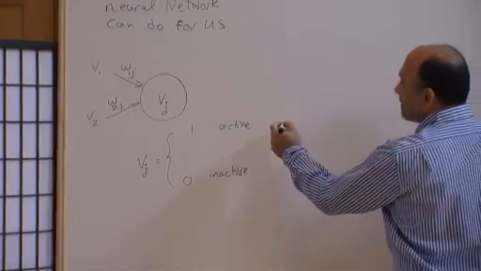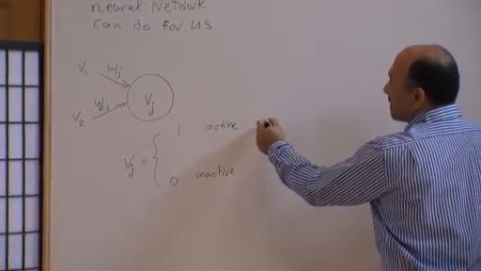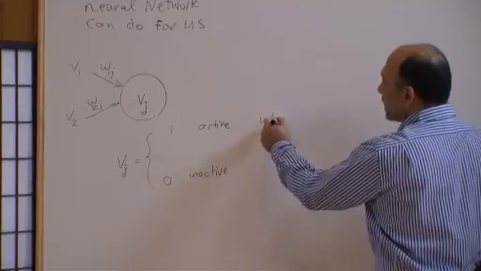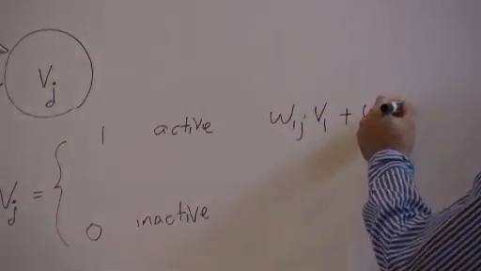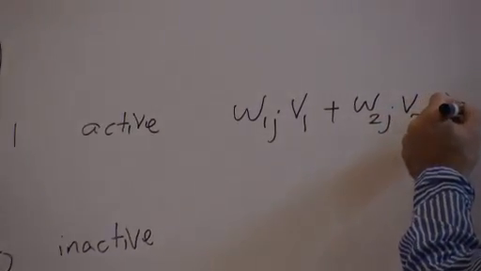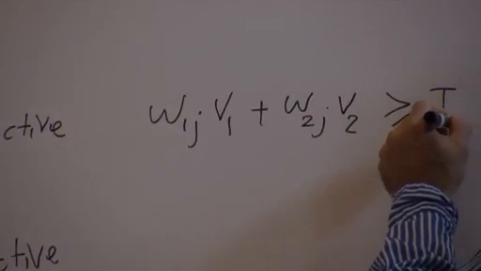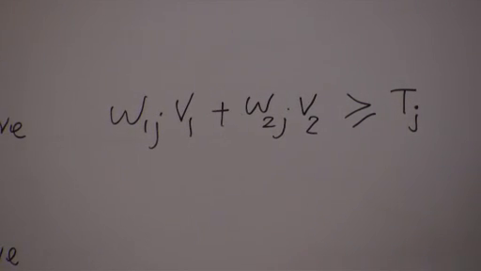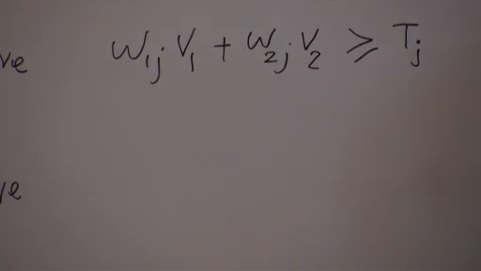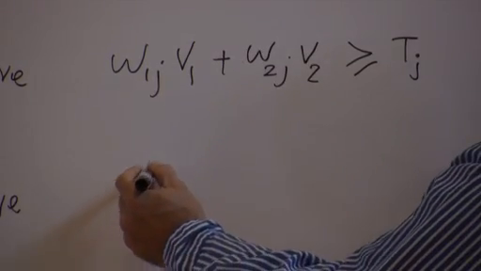So in other words, we have W1j times V1 plus W2j times V2. It should be greater than or equal to some threshold value denoted by T sub j. Otherwise, the state of the neuron would be 0.